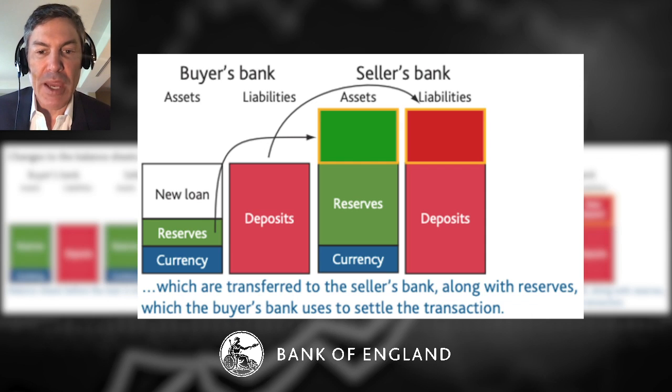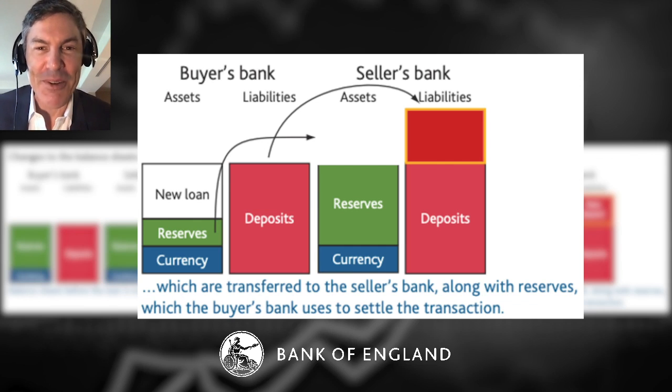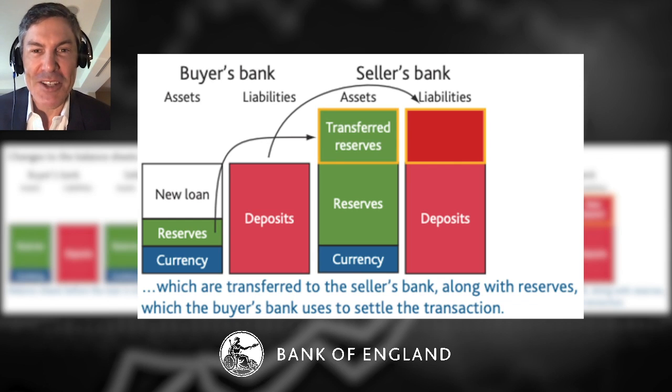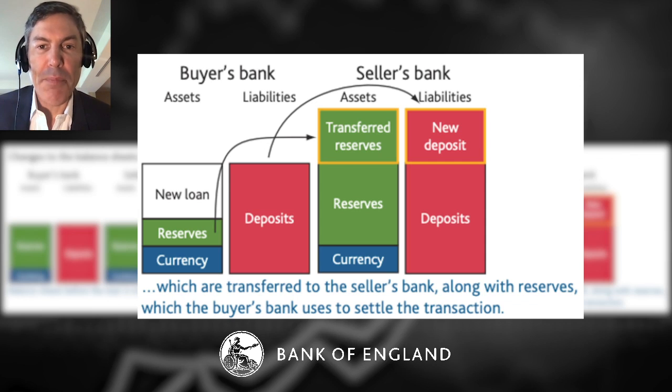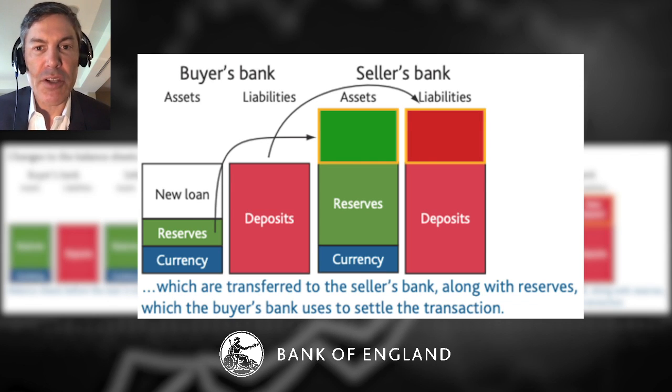If the buyer's bank just transferred over the new deposits, then the seller's bank could potentially be insolvent because they wouldn't have the assets to match up with the liabilities that were just transferred over. So the bank reserves are transferred over to the seller's bank along with the new deposits. And let's remember, those are the dollars that the buyer paid the seller for the house.